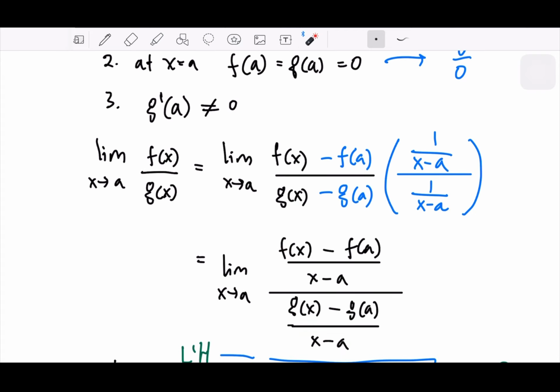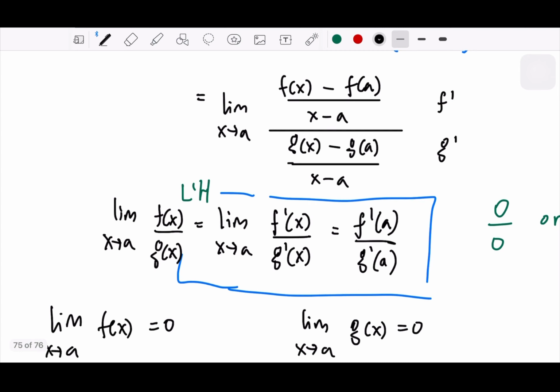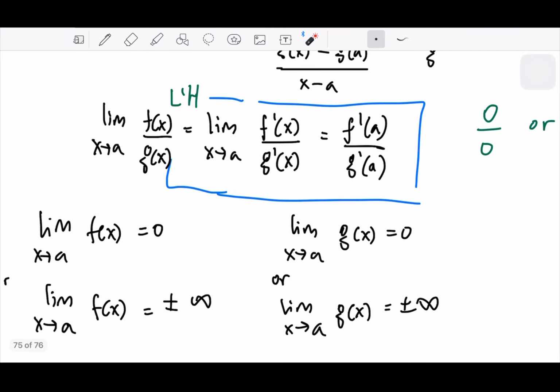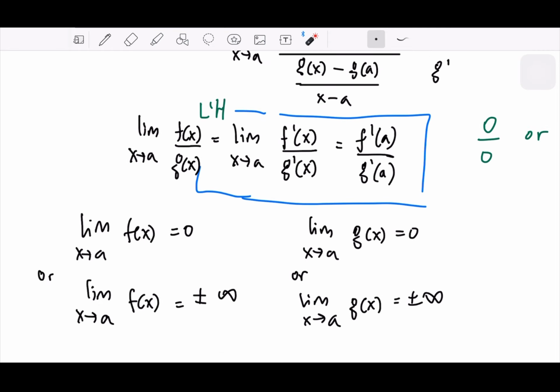This is the limit definition, and precisely this is f prime and g prime. So we have the L'Hopital rule. But of course, this is not really the official way to prove it. It's almost official, but not really. It's an easy way to look at it, okay?